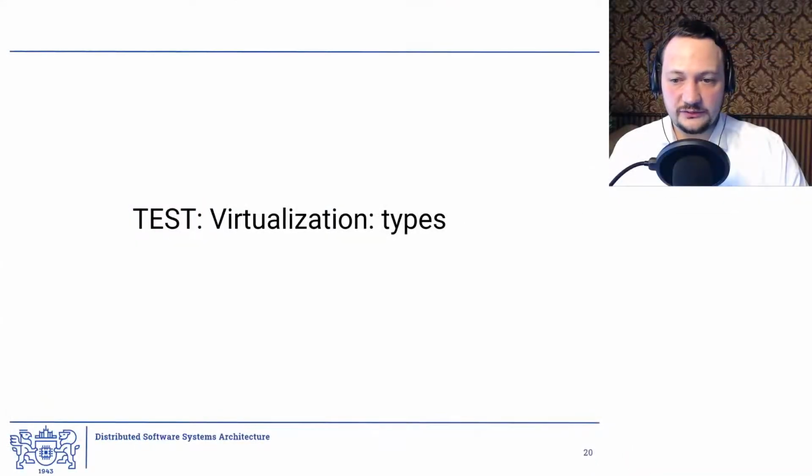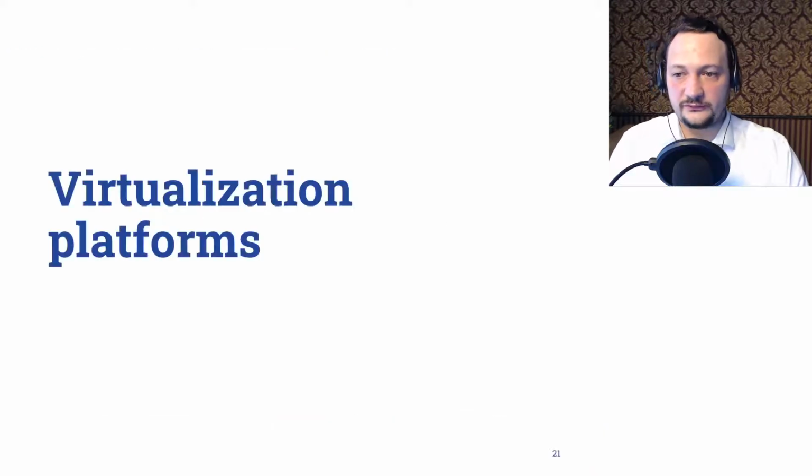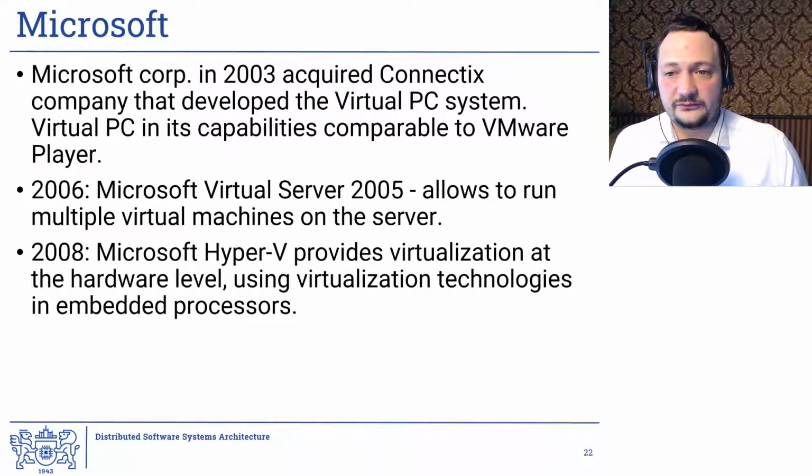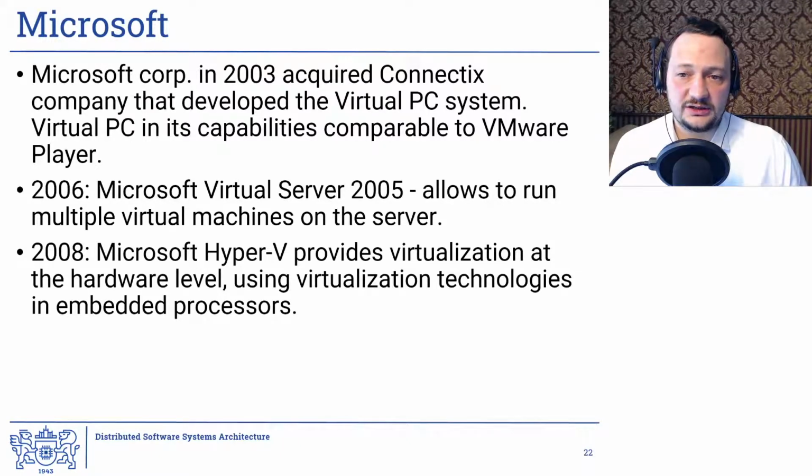The last part of the lecture is about virtualization platforms. Let's start with Microsoft Corporation and their virtualization approaches. In 2003, they were somewhat late in the market. They acquired Connectix, the company that developed the Virtual PC solution.